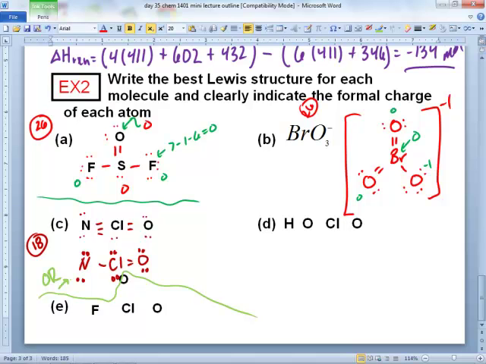Got all zeros. Use the right number of electrons. 620. Yeah. Looks good. So HOCLO should have 20. Oh, sorry, Eric. There's another oxygen up here.